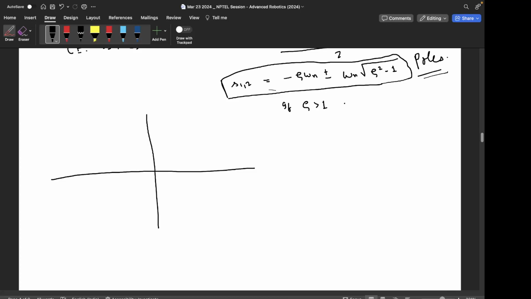So if xi is greater than 1, then real roots, or I should write real poles, and if xi is less than 1, then complex poles.